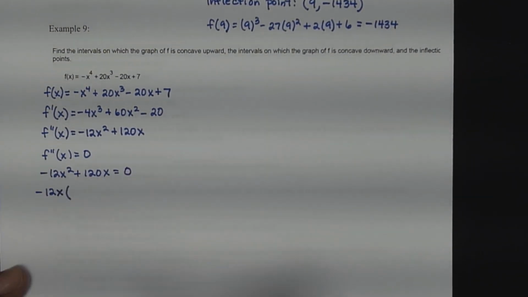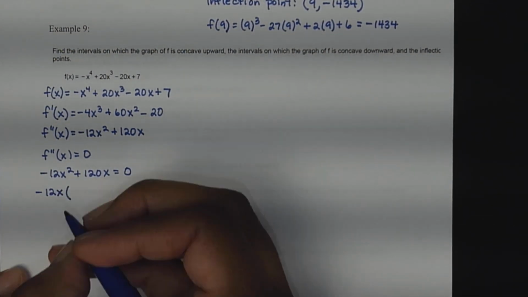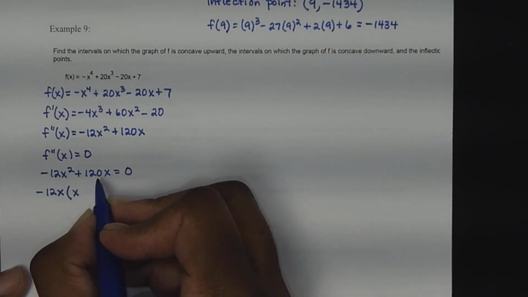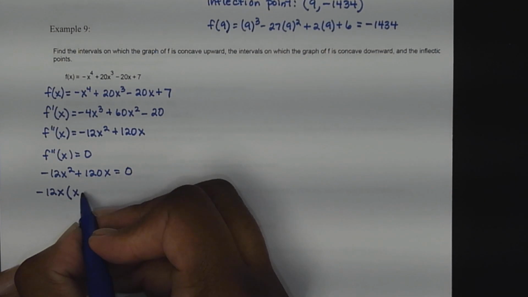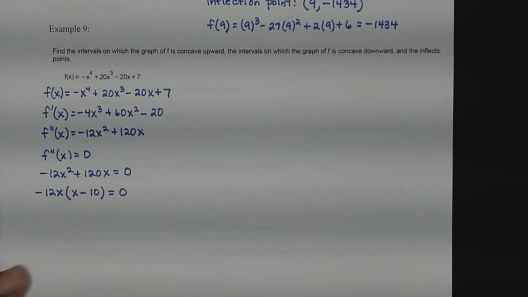So negative 12x squared divided by negative 12x is x, and positive 120x divided by negative 12x will be minus 10, equal to 0.